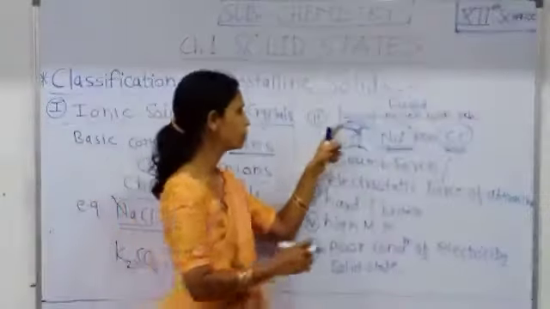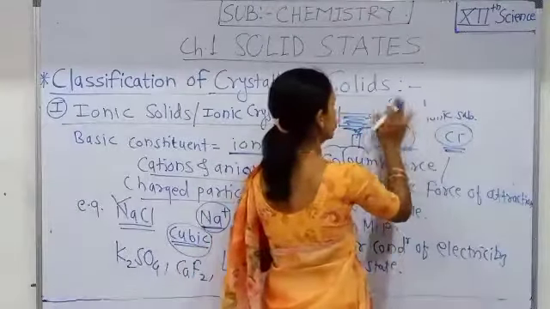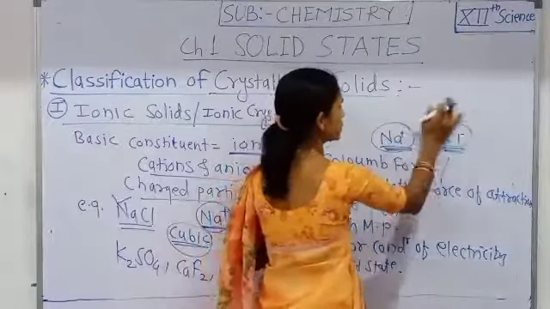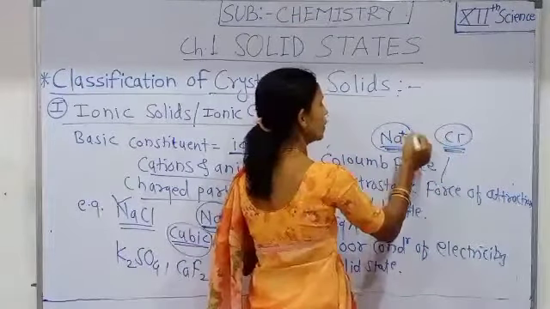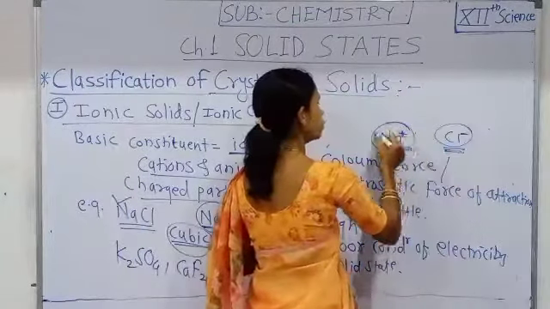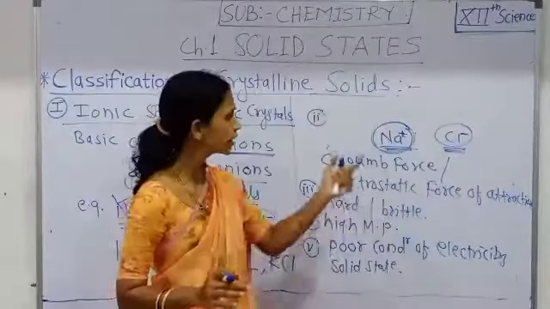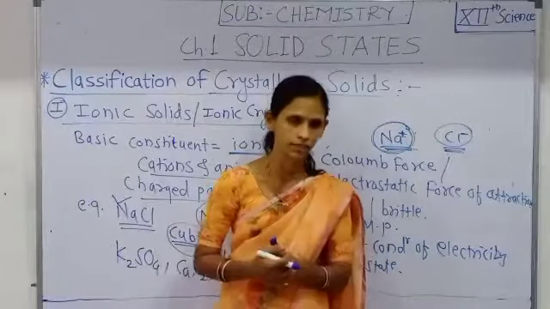It is because when they melt, the ions present in the solid crystals dissociate into Na+ and Cl- ions, and those ions are now free to carry electricity through the molten state of ionic crystals.